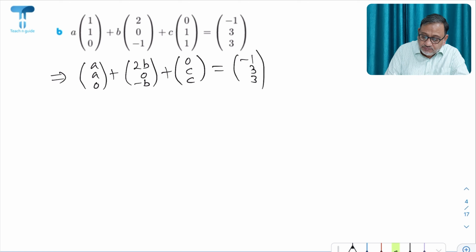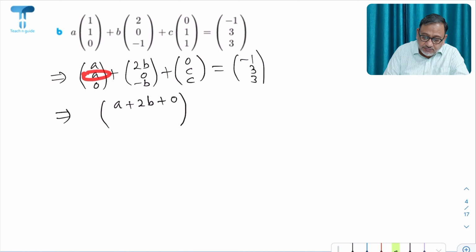Okay. So I will collect them together on the left hand side. Respective components I should add. A with 2B with 0, so A plus 2B plus 0 is the first component.